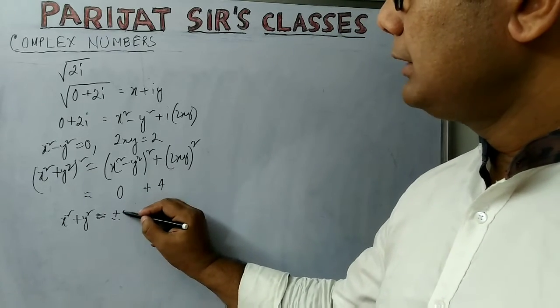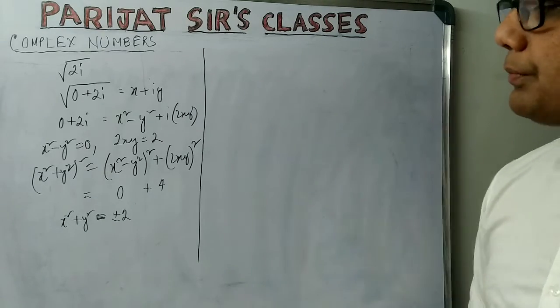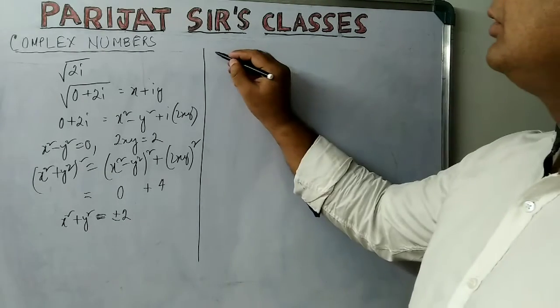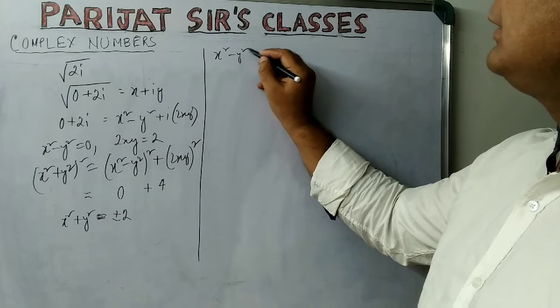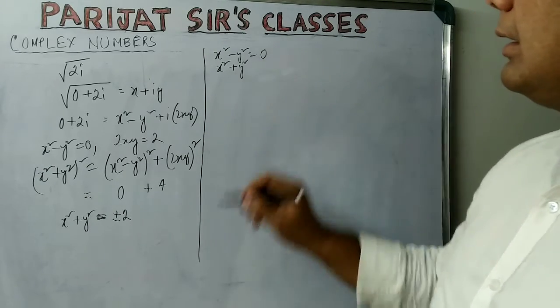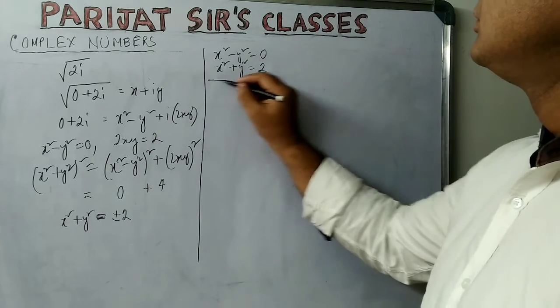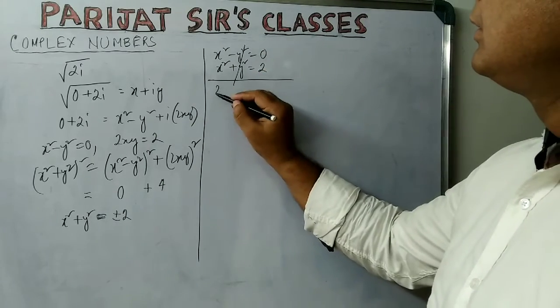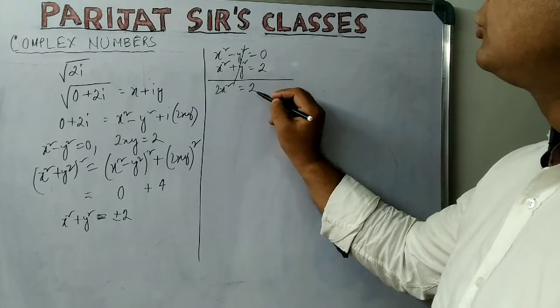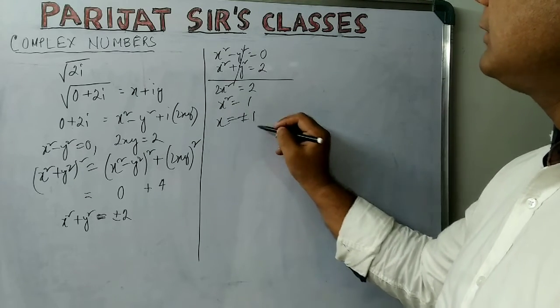And square root of 4 is plus minus 2. So see here the answer is coming very easy. So that is what I was telling you. x square plus y square is 2, and we know x square minus y square is 0. So if I add it, 2x square is 2, x square is 1, x is plus minus of 1.